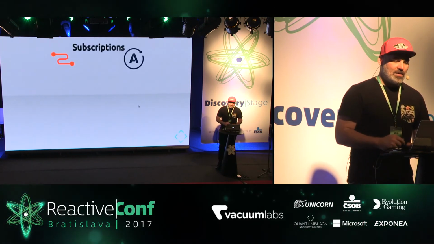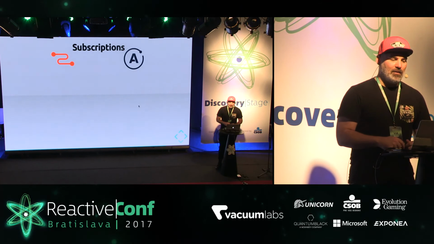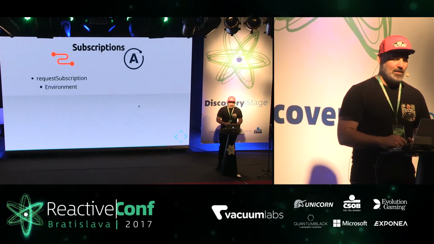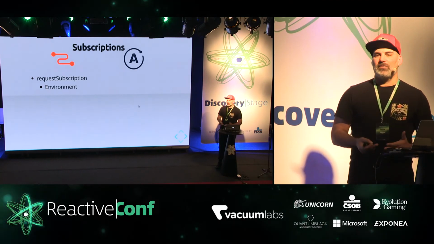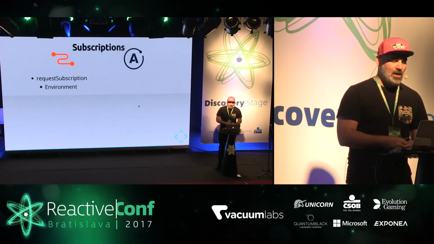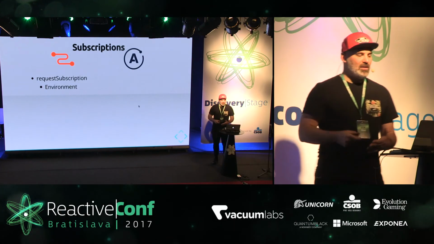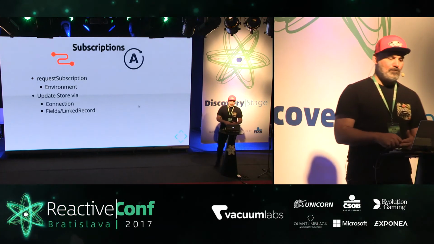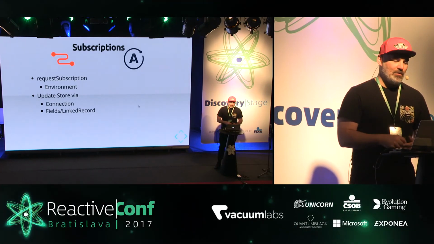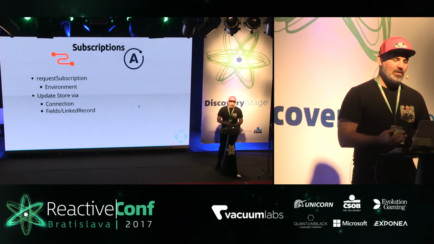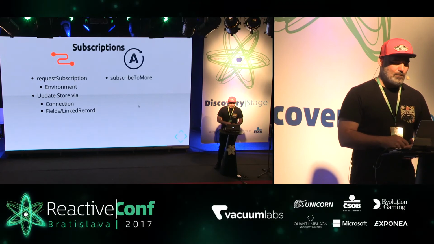So let's see the differences between implementing real time with these two different clients. The way we do that with Relay Modern is by using this request subscription, and that also uses this environment that we define during setup. We're going also to use the same abstractions that we use for mutation. So we have the connection, we also have the fields and link records.